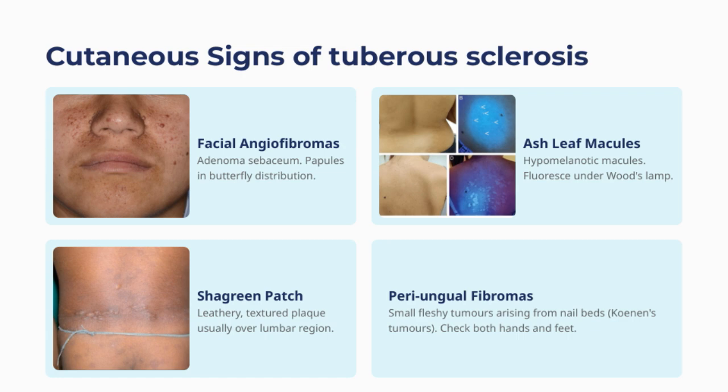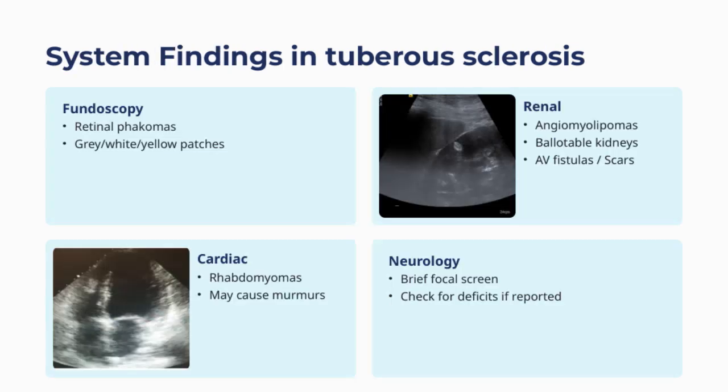Recognizing these cutaneous signs is crucial, as they often reflect underlying neurological and systemic involvement in tuberous sclerosis. Connecting all these signs helps us build a comprehensive clinical picture and reinforces the importance of thorough skin examinations in suspected cases. Let's move on to the neurological assessment.